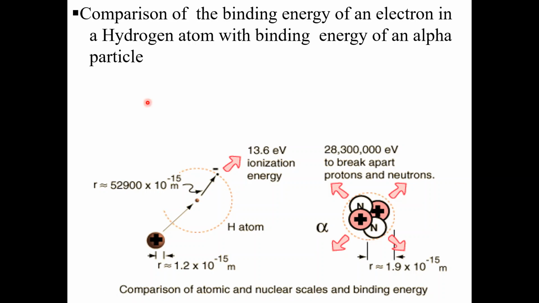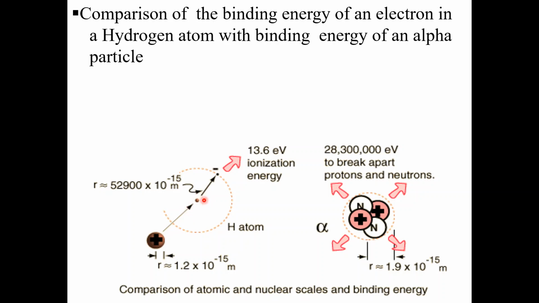Now compare the binding energy of an electron in a hydrogen atom with the binding energy of the alpha particle, as you can see in this example. This sketch represents the hydrogen atom, and you know that in a hydrogen atom we have an electron revolving around the nucleus and a proton that resides inside the nucleus.